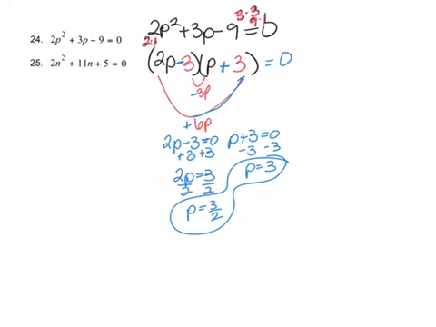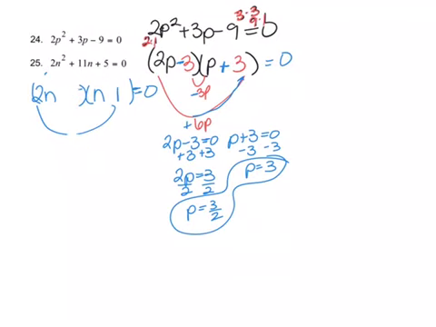And lastly, again, there's no common factor. I have a coefficient, so let's try 2n and n. I need to make 11. That's 5 and 1. Let's try that. My outside is 2n. My inside is 5n. That doesn't work.